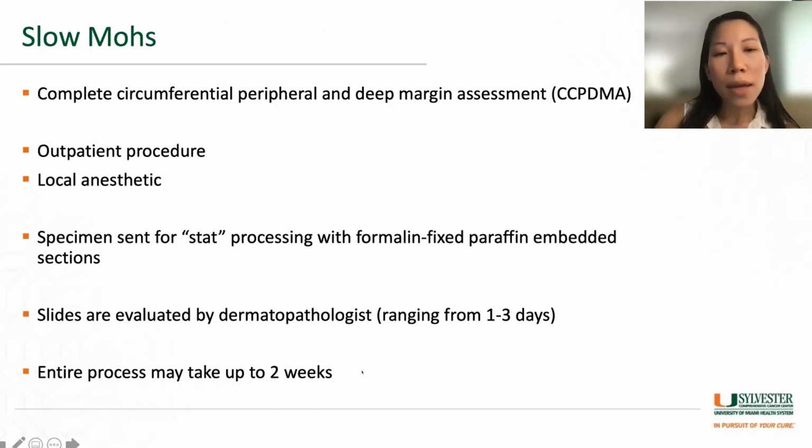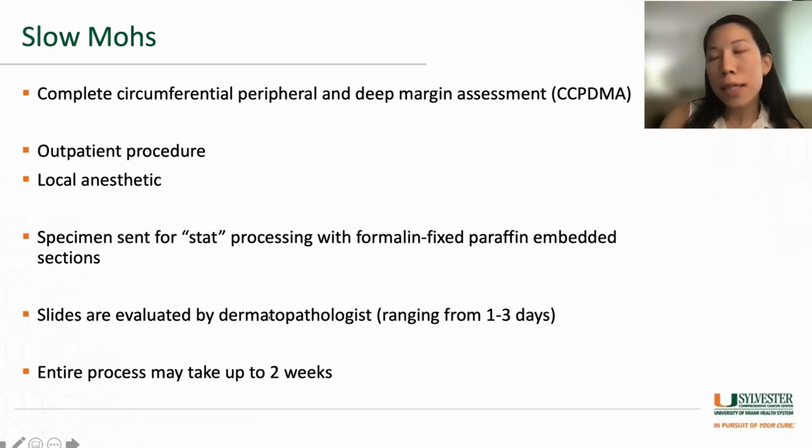The two methods of comprehensive histologic examination are slow Mohs and Mohs with immunostains. How does this differ? Slow Mohs is an outpatient procedure, also using local anesthetic. However, here the specimen is sent for a stat permanent section, so we rely on the outside dermatopathologist to read this in their lab.